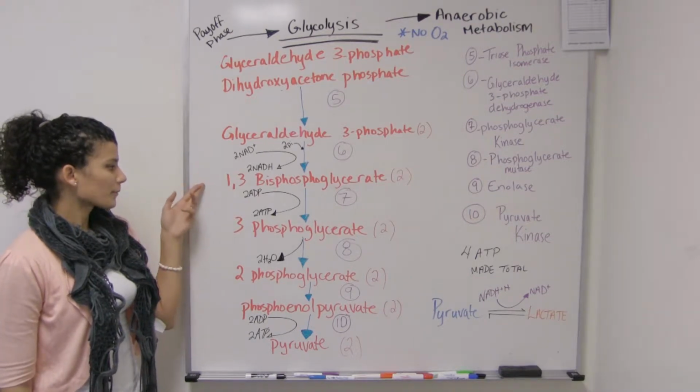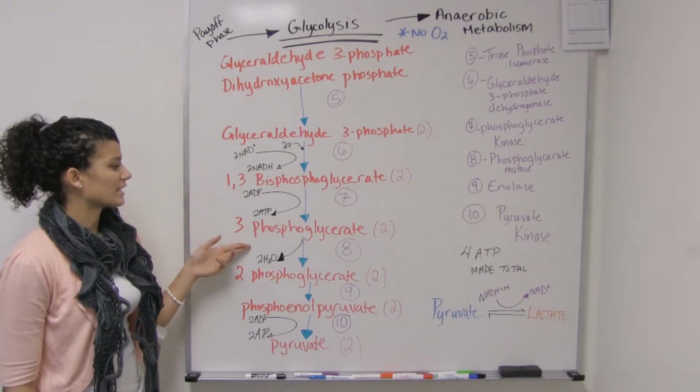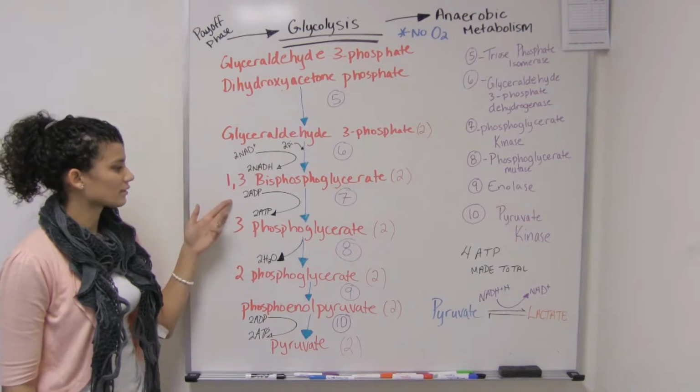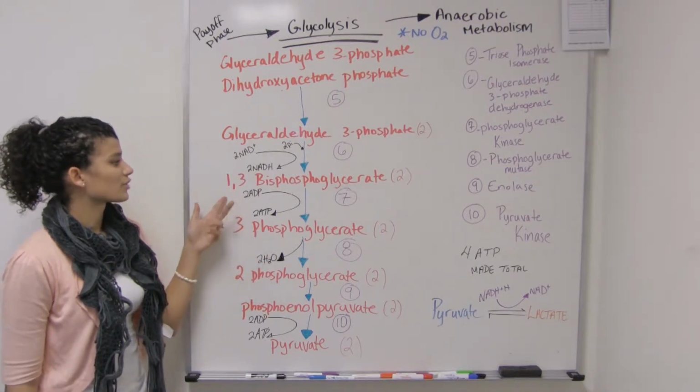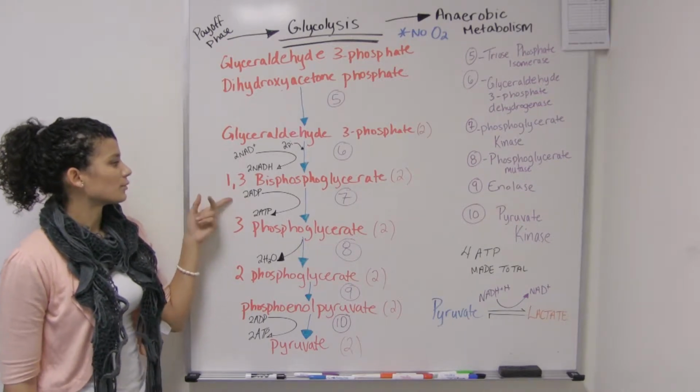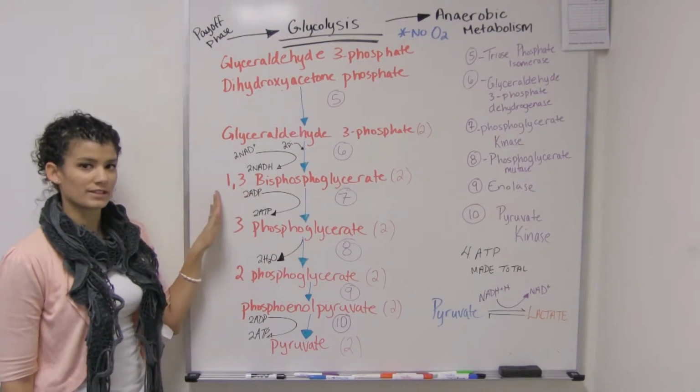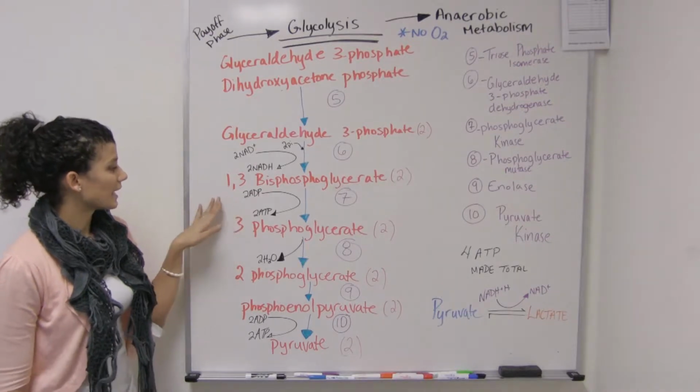And 1,3-bisphosphoglycerate is going to be converted into 3-phosphoglycerate, because we're going to strip a phosphate from each of the bisphosphoglycerates that we have. In this step, ATP will be made.